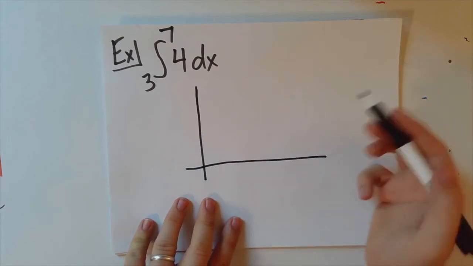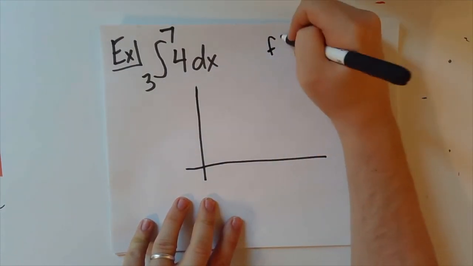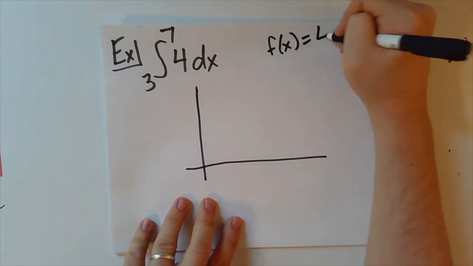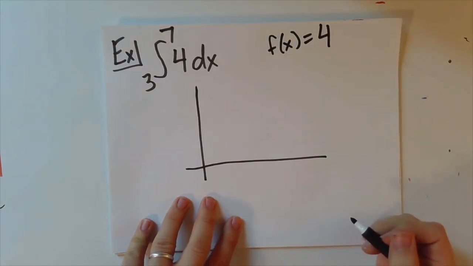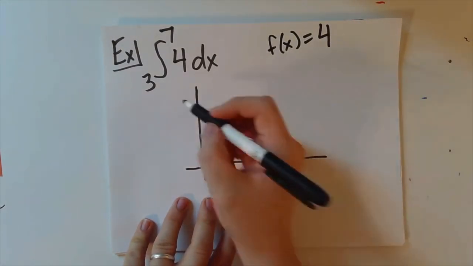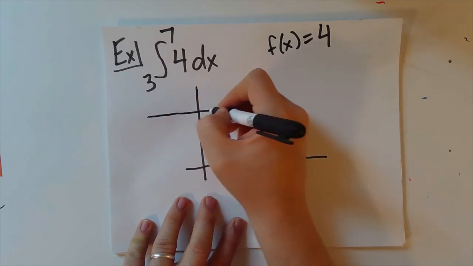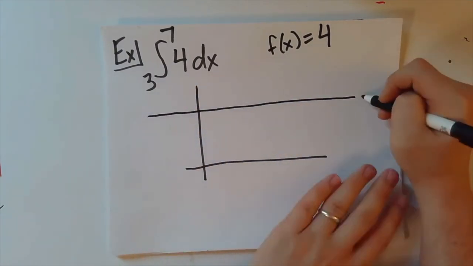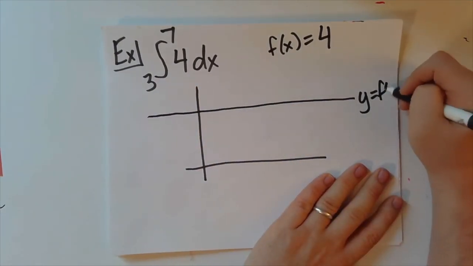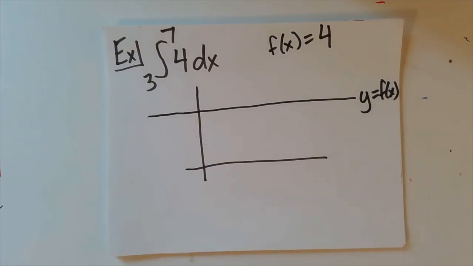So the graph here is, well, in this case, I'm graphing the function 4. Okay, and this is a constant function, so the graph is just a horizontal line. So I get something like this. This is my graph of y equals f of x. Okay. And then I need to go ahead and grab my a and b.